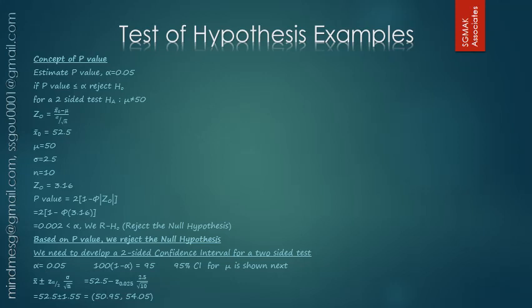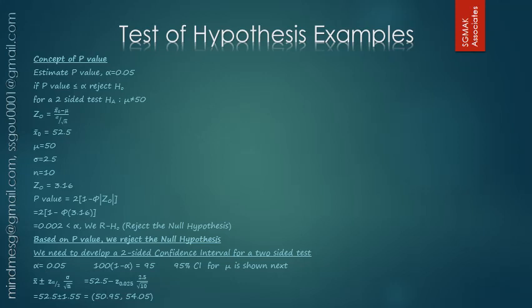Now if you go to a two-sided confidence interval, since alpha is 0.05, we have to set up 100 times 1 minus alpha, so it comes out to be 95%. So for alpha 0.05, we have to work with a 95% confidence interval for mu, and a two-sided confidence interval.